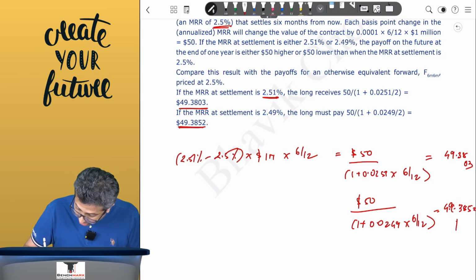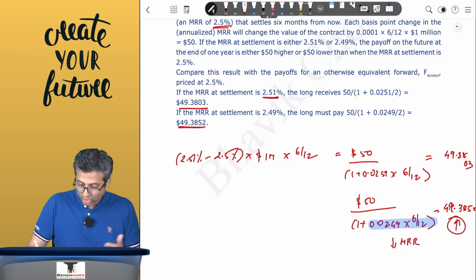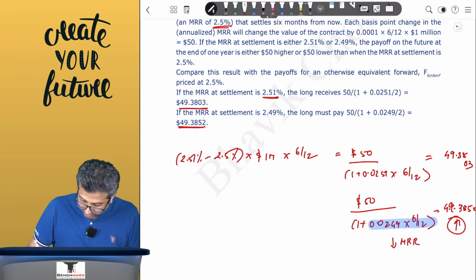So this will give you a higher value at a lower MRR. Because the MRR is lower, the discount rate is lower, your value is higher. You are getting, let us say, 49.38 value over here, and at a higher MRR, you will end up paying or getting less, as the case may be.